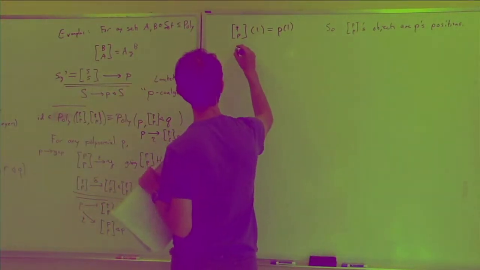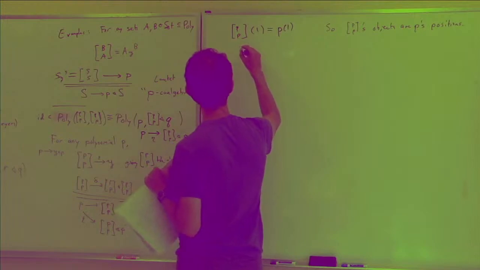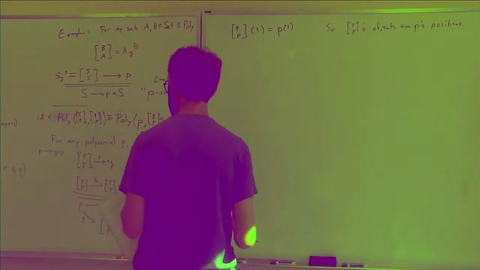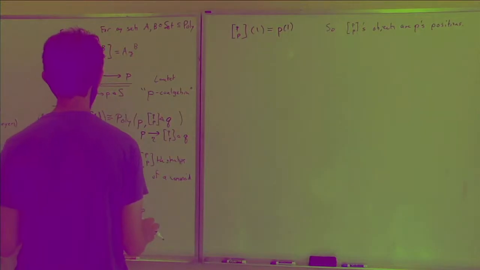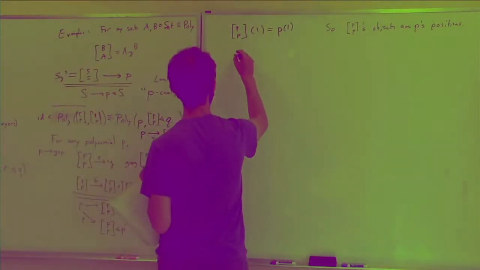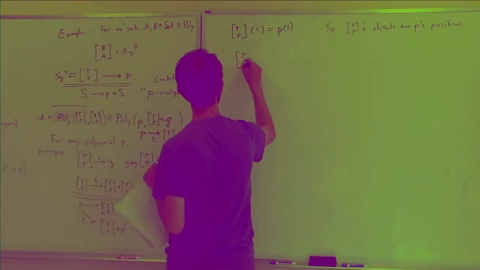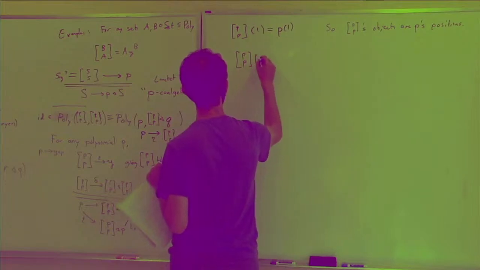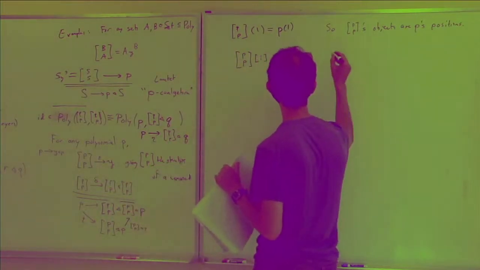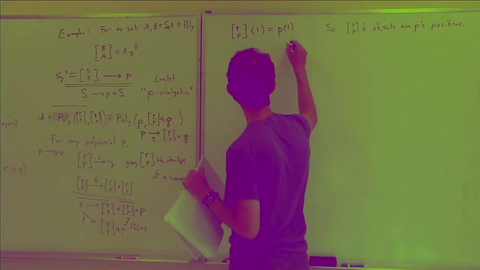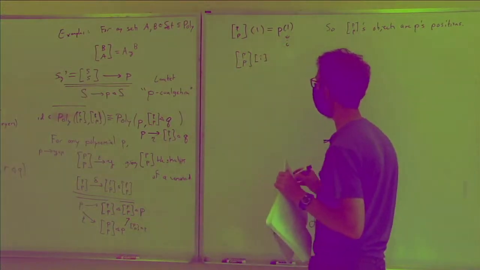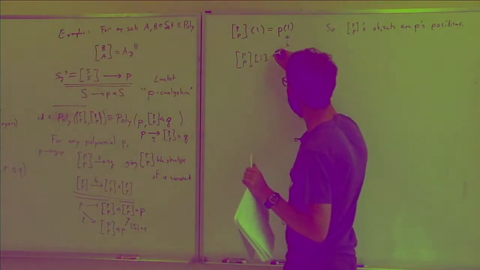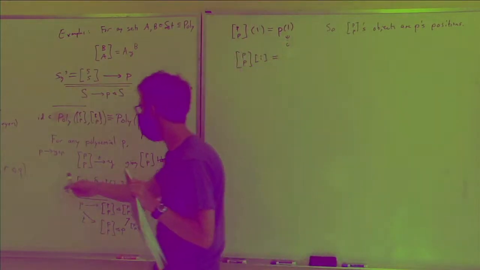But what are the maps out? There's a lot of brackets around, but let's suppose we had an object I, a position. Well, this is this thing.